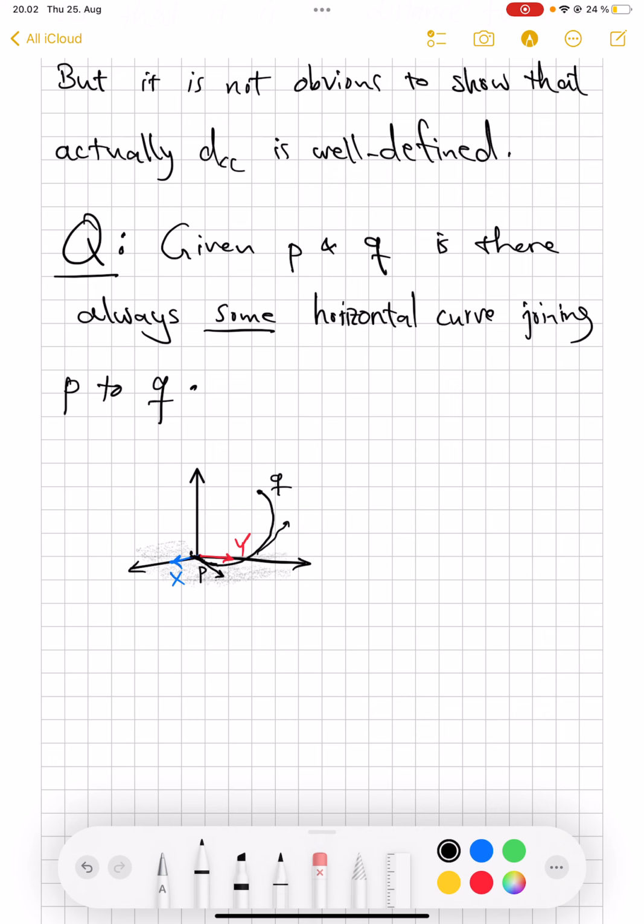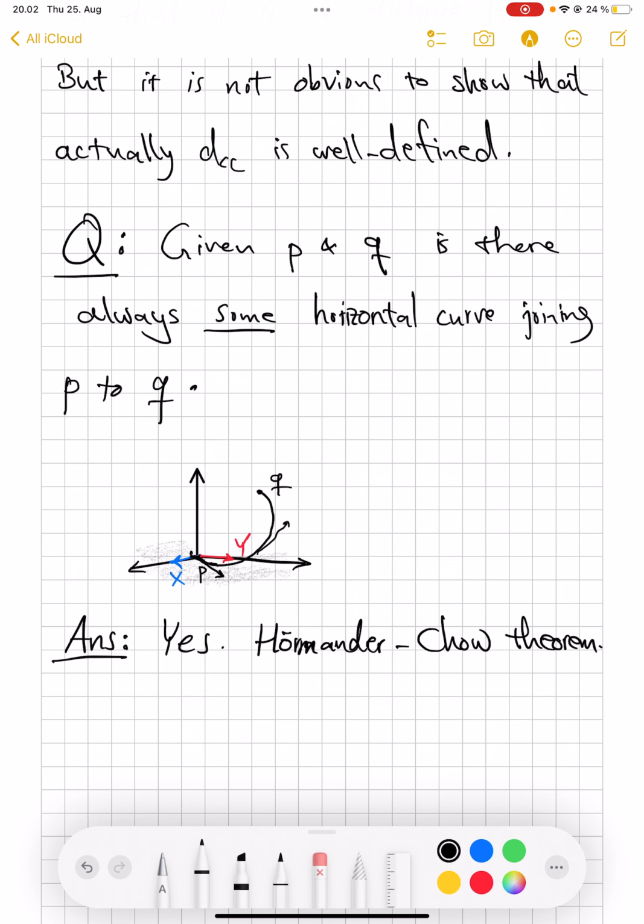The proof, of course, is a famous theorem, which says yes, you can always do this, and that is called the Hörmander-Chow theorem, sometimes called the Hörmander-Chow connectivity theorem, for obvious reasons.